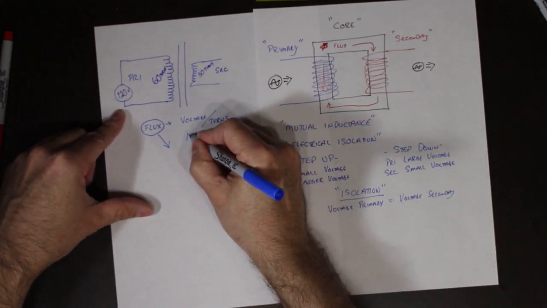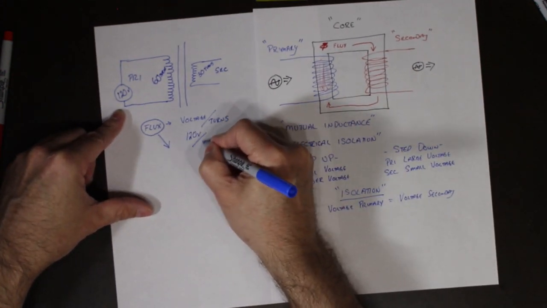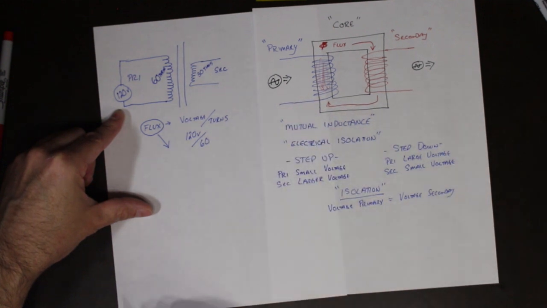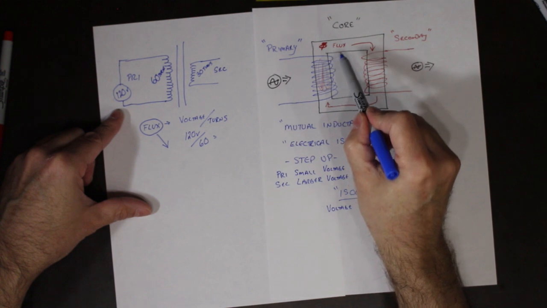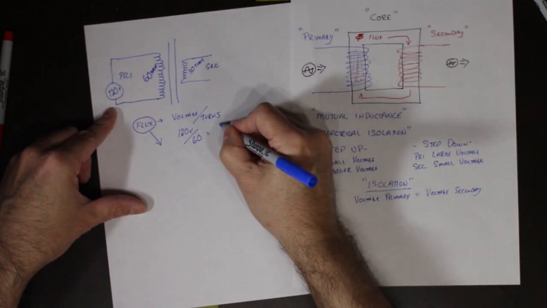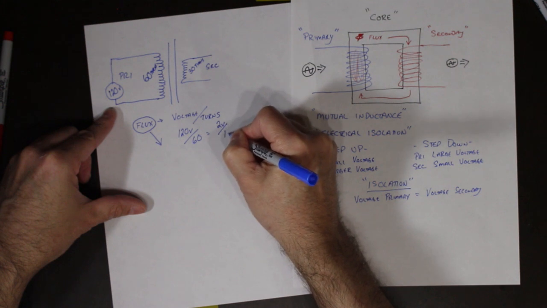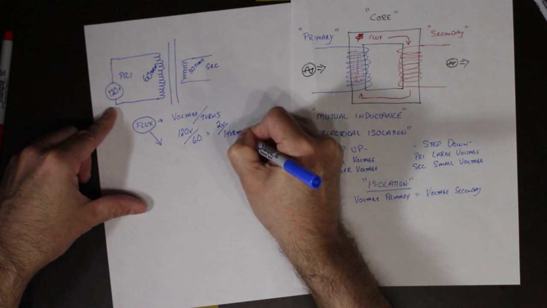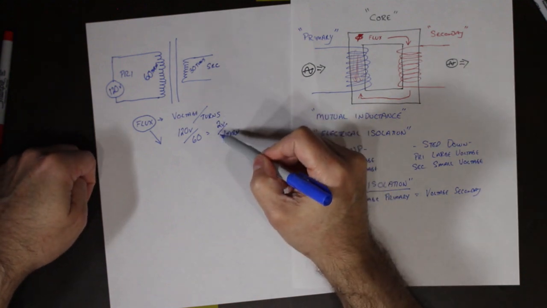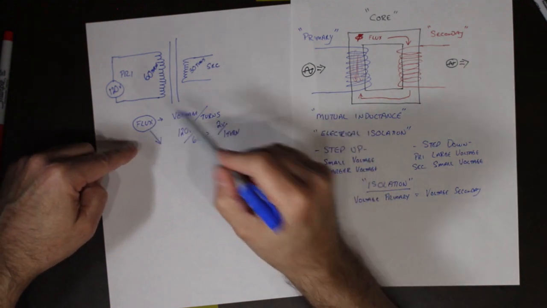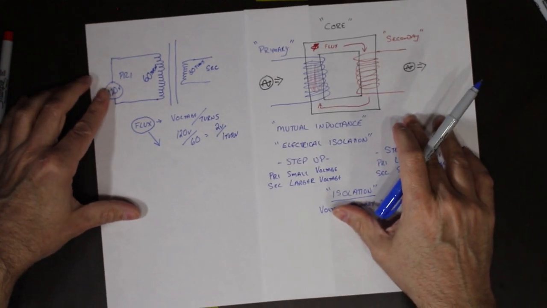So if I said 120 volts over 60 turns, that means the strength of this magnetic field was created at 2 volts per turn. So 2 volts per turn is what created that magnetic field.